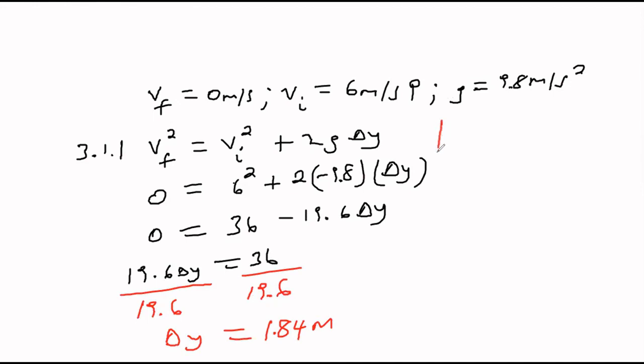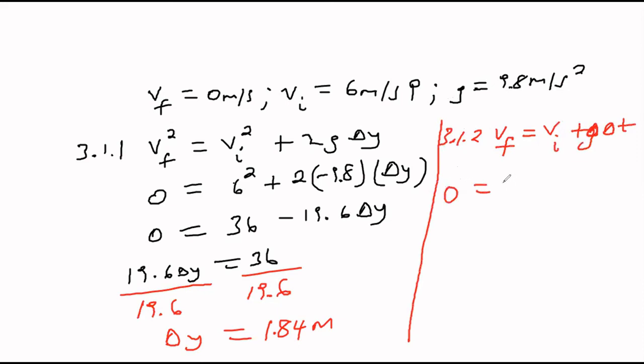Okay, the next question is to calculate the time taken by the ball to reach the maximum height. So this is 3.1.2. We're looking for t. Now we can use this formula: v final equals v initial plus g delta t. Let's substitute the known values. The final velocity is 0 at maximum height.